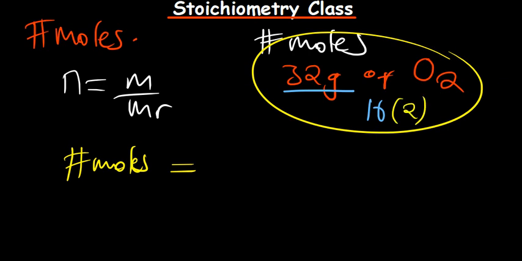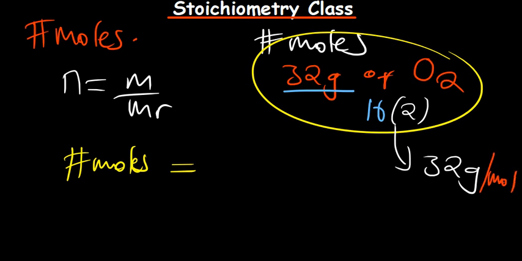So 2 times 16 becomes what? 32, right? Becomes 32 grams. So now, what are the units of molar mass? It's grams per mole.